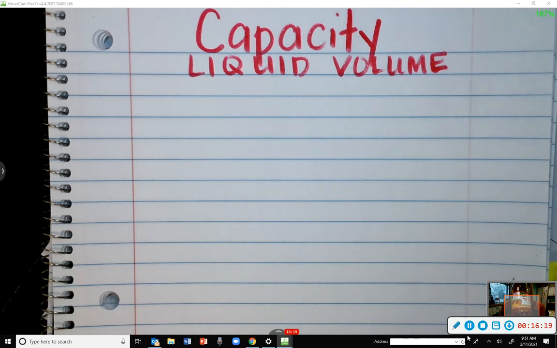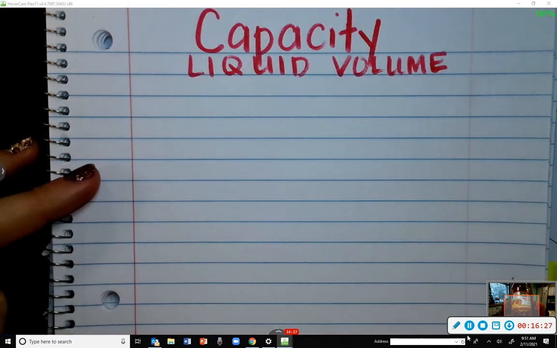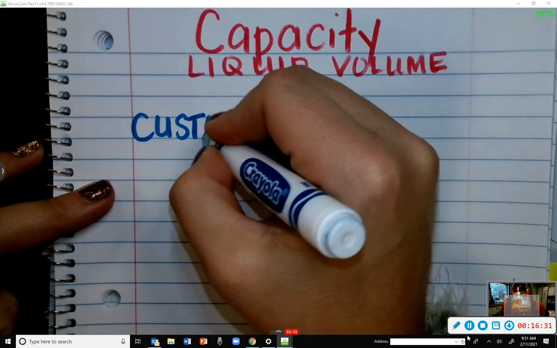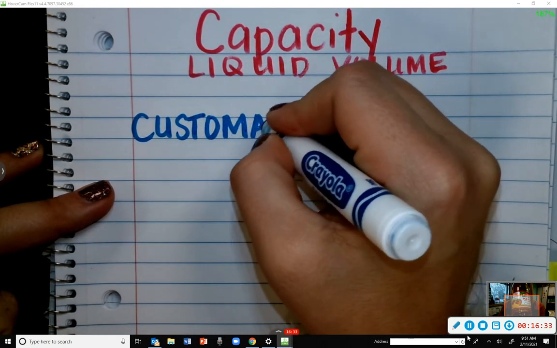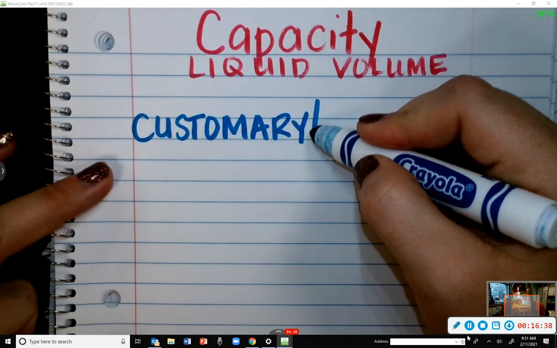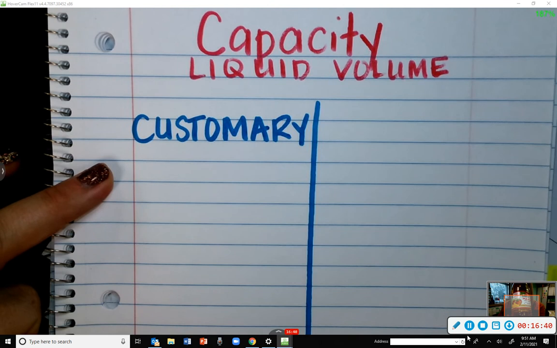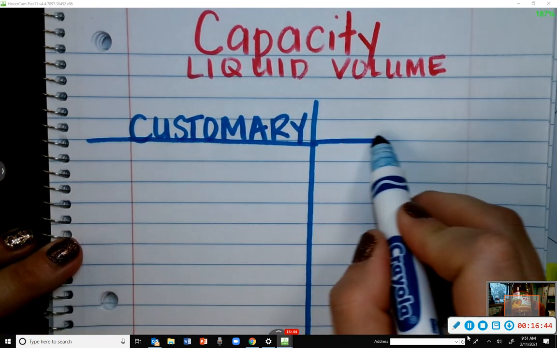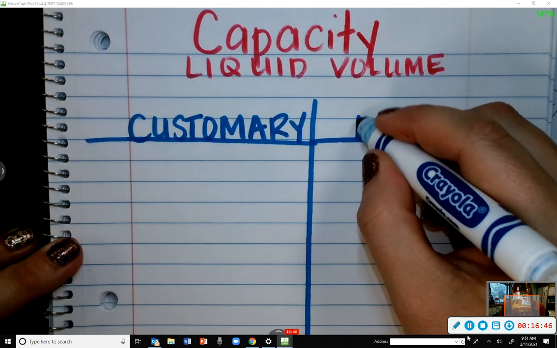So today and yesterday we talked about several different units. Yesterday was customary. So we're going to split our paper in half. Customary is on the left, and metric is on the right.